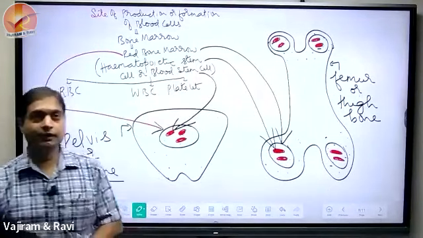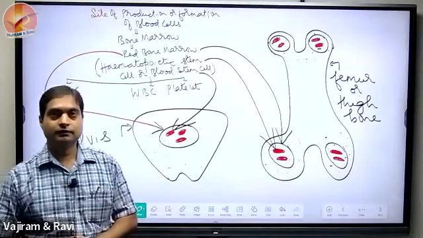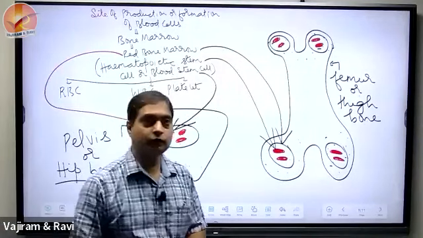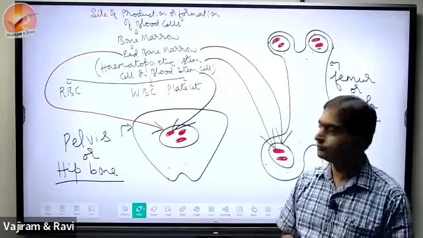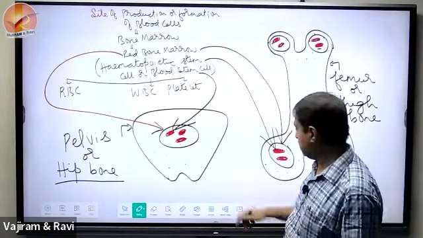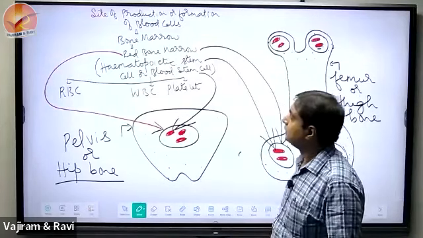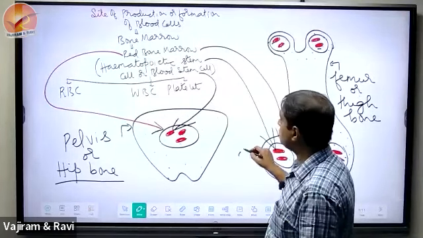Platelets, these are the blood cell, and fibrinogen, prothrombin, these are blood clotting proteins. So now we can see here the site of formation of blood cells.